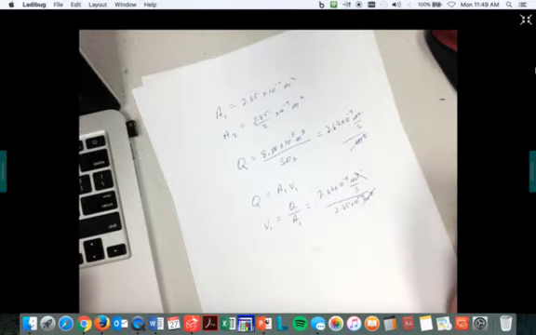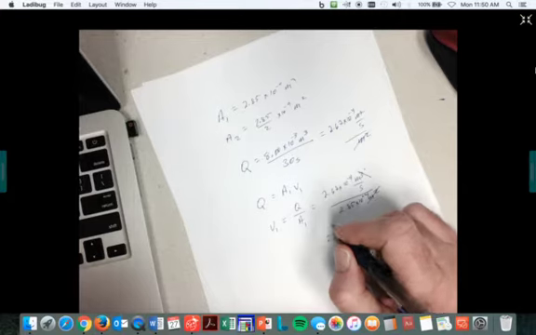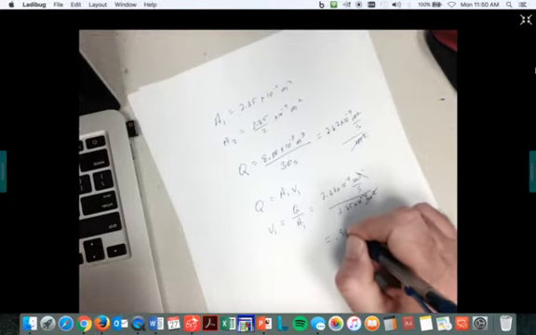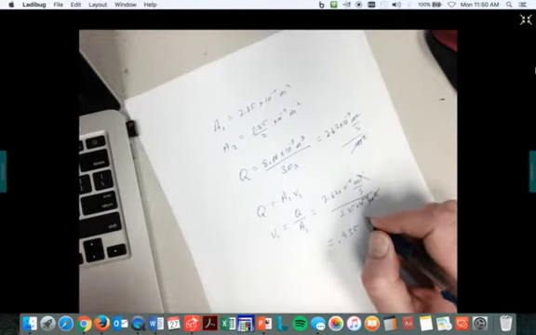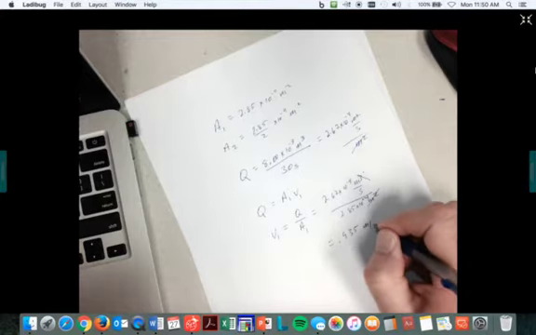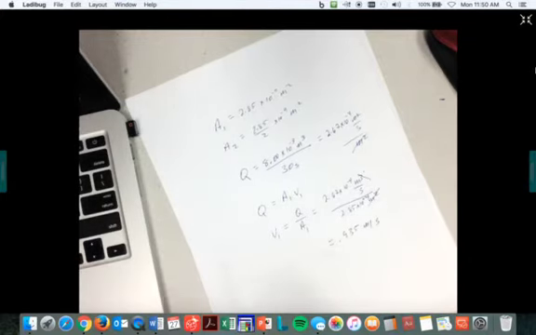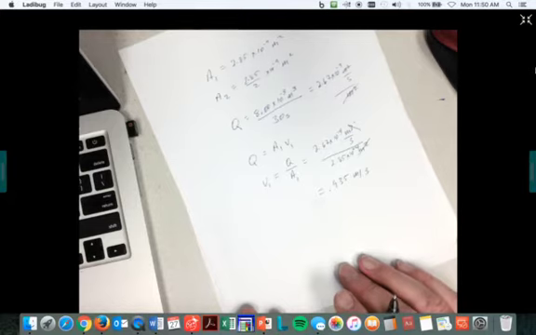See how that works? That's pretty slick. And it's 0.9395 meters per second. All right, so that's how fast that one fluid is flowing.